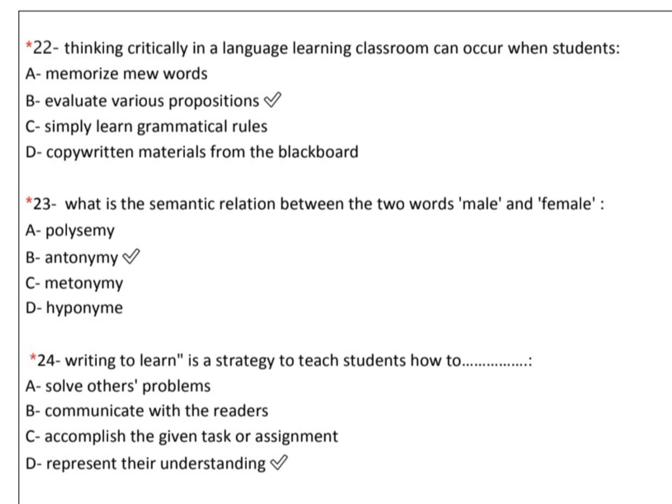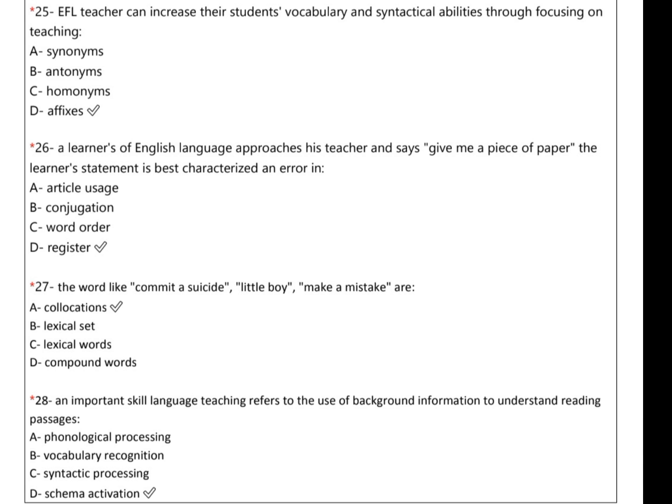Writing to learn is a strategy to teach students how to: A. Solve others' problems. B. Communicate with the readers. C. Accomplish the given task or assignment. D. Represent their understanding.